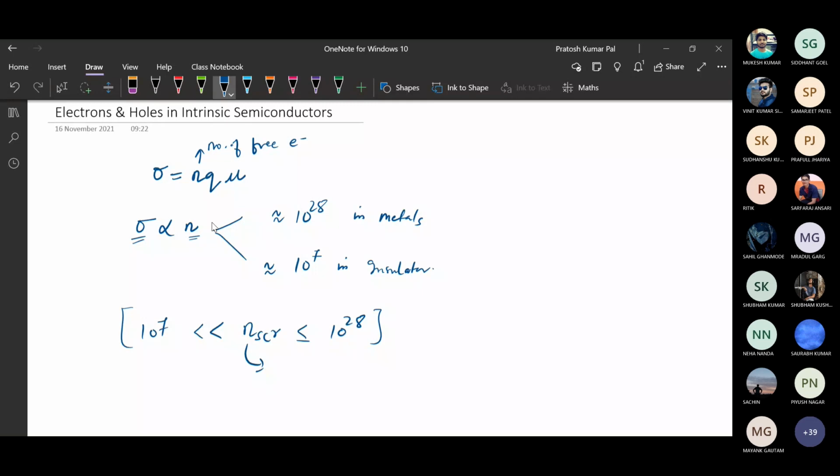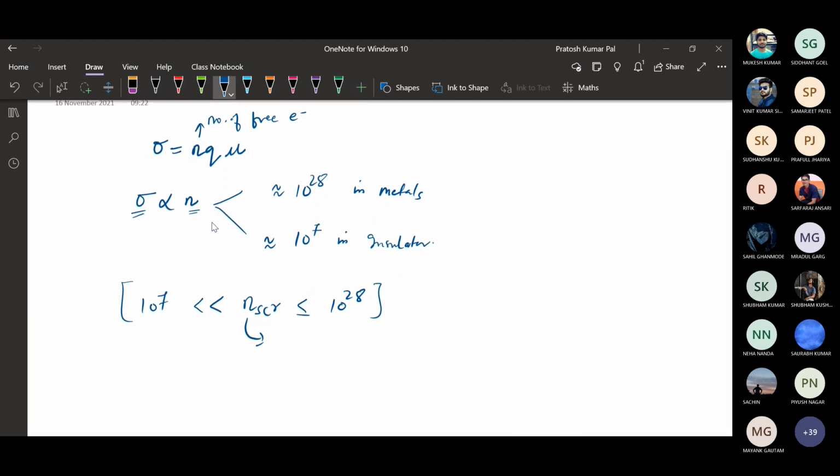In semiconductors at 0 degree Kelvin, there are valence electrons, but those valence electrons are not free to move. Why are these not free to move?